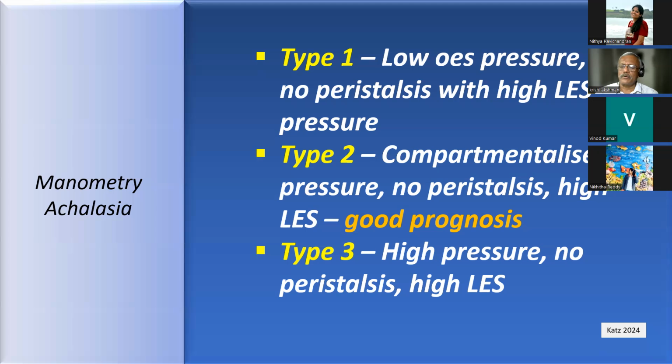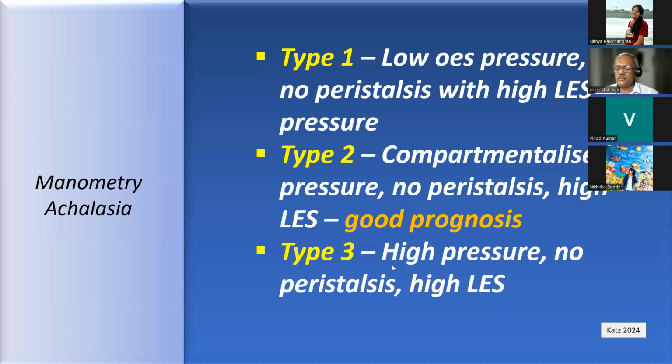It is also logical. You don't have to mug it up, because if you have very low pressure with no peristalsis, even if you correct the LES, food will not go down. There's no peristalsis, so it is relatively less useful than compartmental pressurization, where with your myotomy you can release that pressure, and hopefully the lack of peristalsis may get corrected and it will become a proper peristalsis.